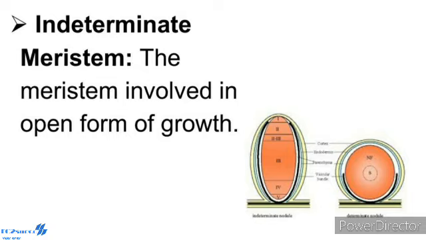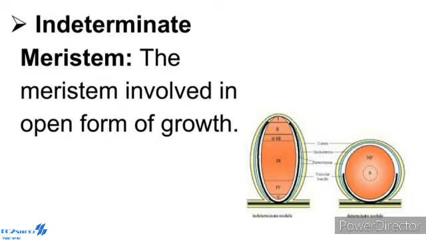The new cells produced by the division of meristematic cells, however, soon lose the capacity to divide. The cells which have lost the capacity to divide and ended in the G0 phase of the cell cycle make up the plant body. This type of growth, wherein new cells are always added to the plant by the activity of meristem, is called open form of growth.